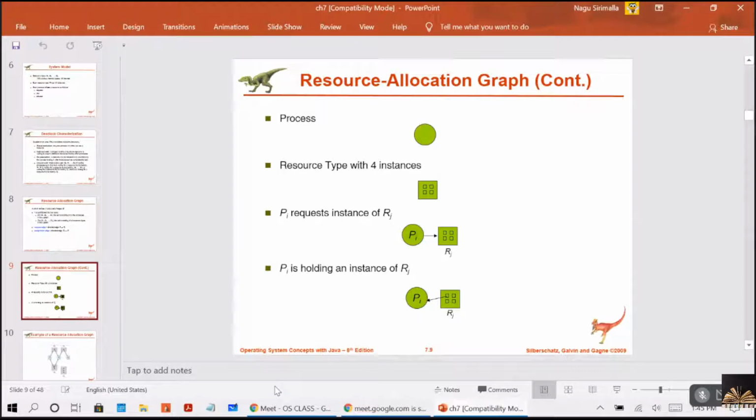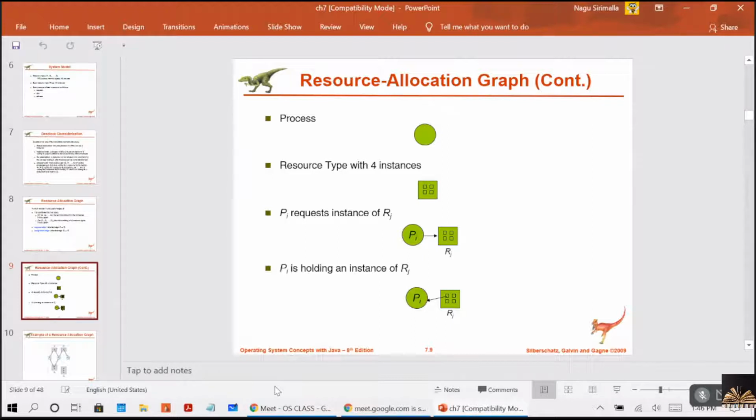When you see the resource allocation graph, the processes are represented in circles and the resources are represented in rectangles. If a resource has more than one instance, those instances are represented as dots inside the rectangle.